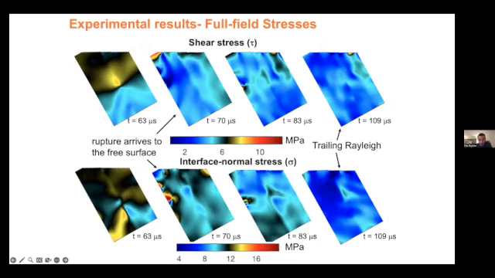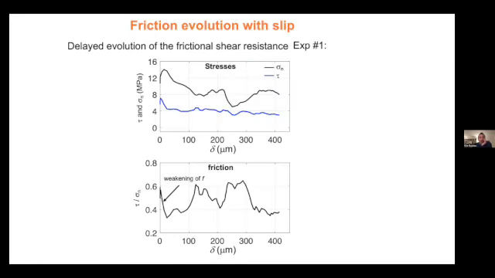So this is the full sequence of shear and normal stress. But as I was pointing out here, we have the reduction in normal stress. So if we look at the shear and normal stress evolution with slip, then we can see important variations in the normal stress that are not expected in the bulk case, and also friction has these important variations.